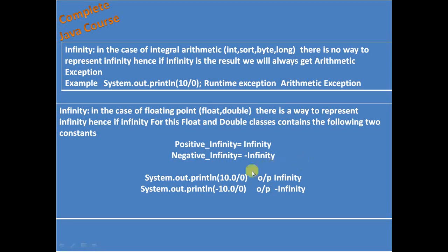Suppose you divide a float value or double value by 0, then you will not get the arithmetic exception. You will get either plus infinity or minus infinity. Let's see with the practical.